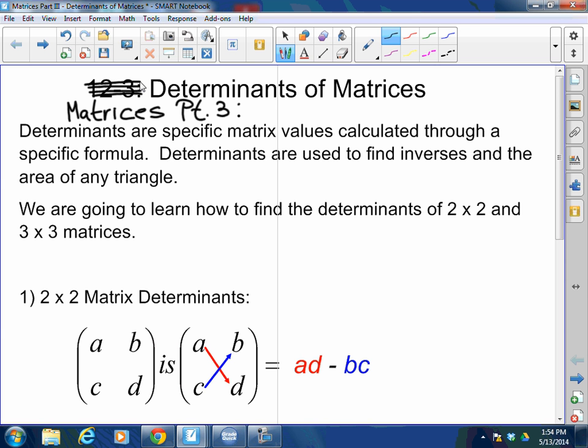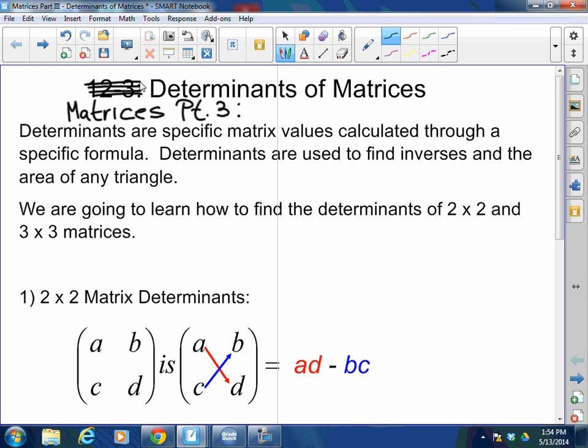Determinants are a specific matrix value calculated through a specific formula. Determinants are used to find inverses and the area of any triangle.